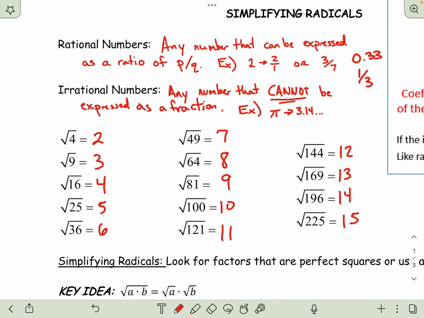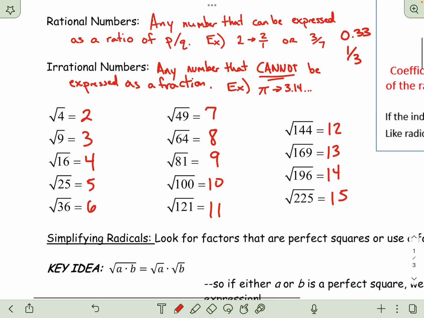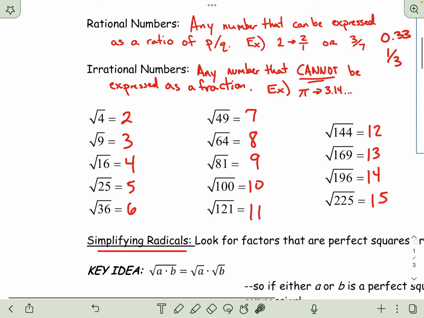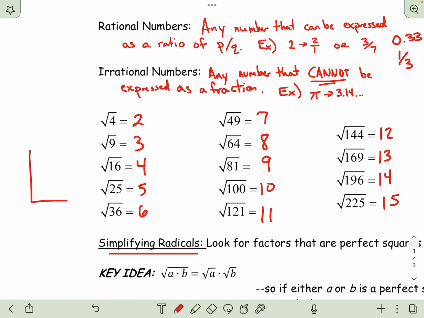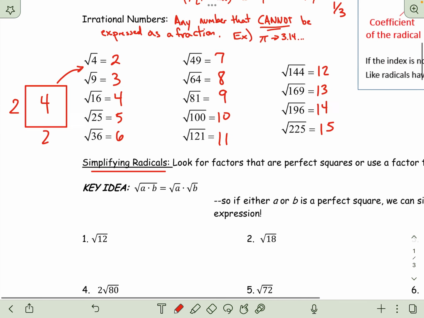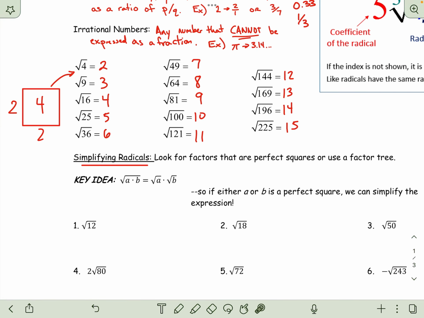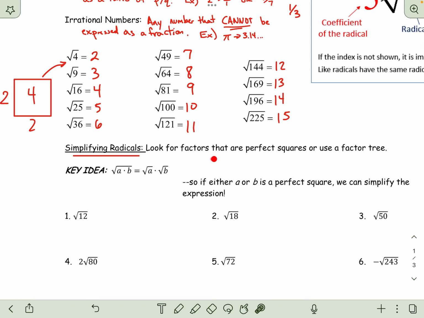Well, because as you simplify radicals, you must have a perfect square in order to simplify. So a perfect square, you can think of, is the side lengths of a square would make a perfect square. So 2 times 2 gives you 4. So 4 is a perfect square. So the idea behind simplifying radicals is that you're going to look for factors that are perfect squares or use a factor tree.